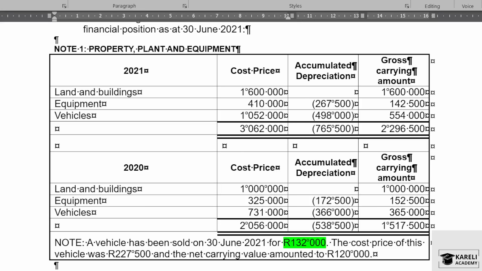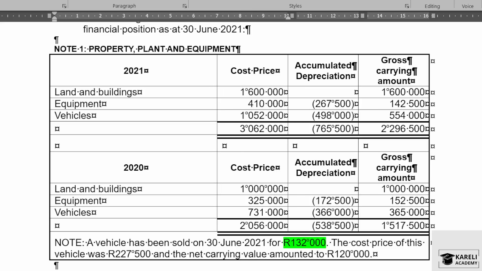Now we want the cost price, so we want to check whether from 2020 to 2021 we bought more equipment. Now guys, remember I said to you, if you are good with the T accounts, you can use the T accounts to determine this.